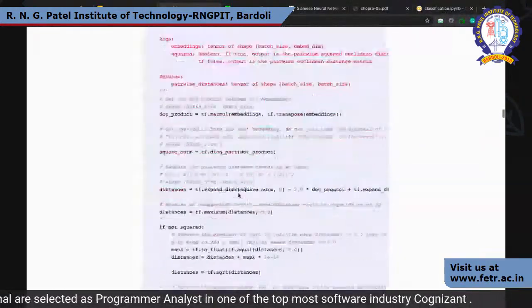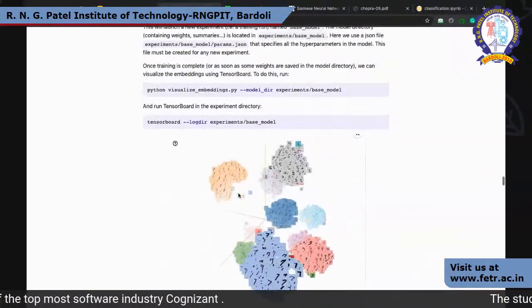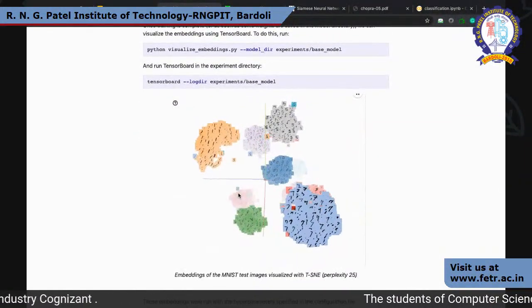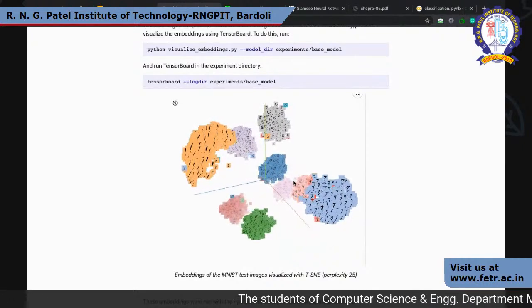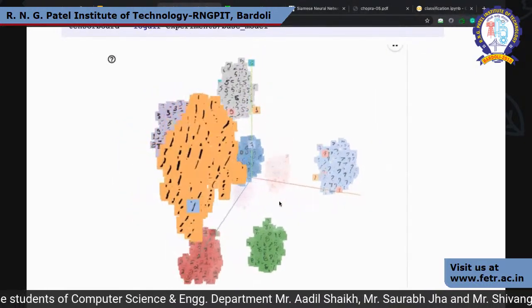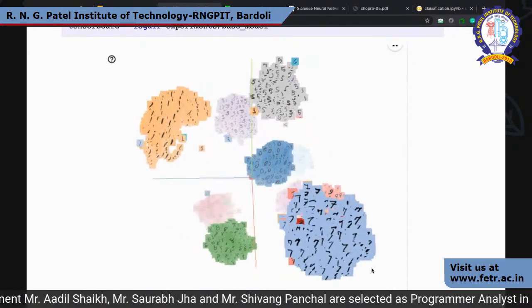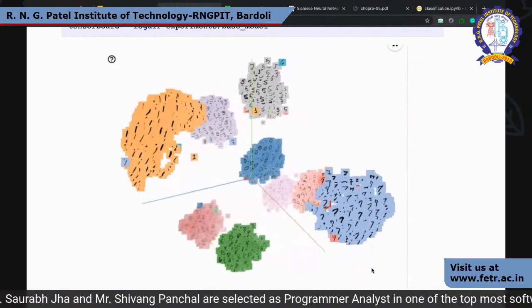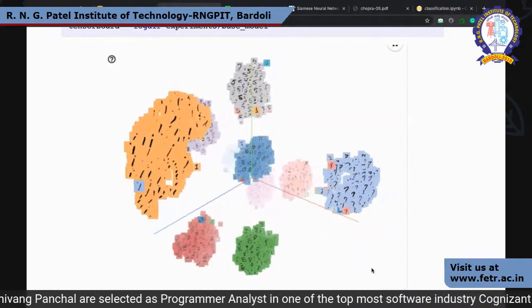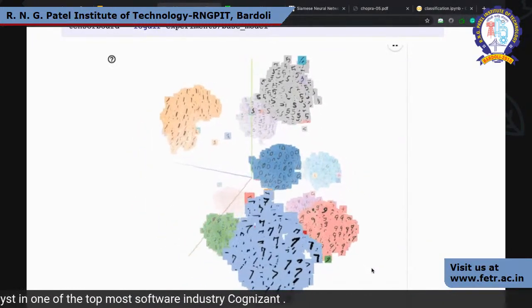And the last part, we'll explore the visualization of the output on the TensorBoard, right? As you can see, triplet loss has been applied to the MNIST dataset, and you can see it in X, Y, and Z, three-dimensional data.